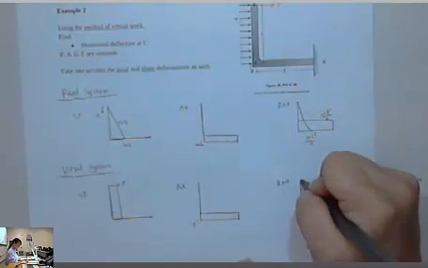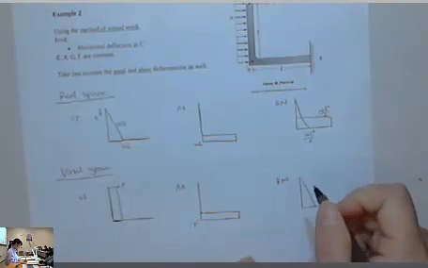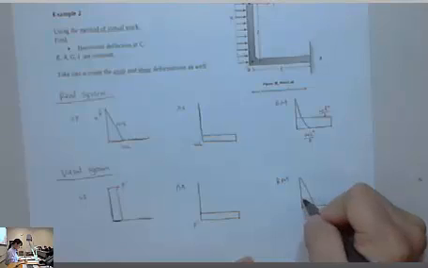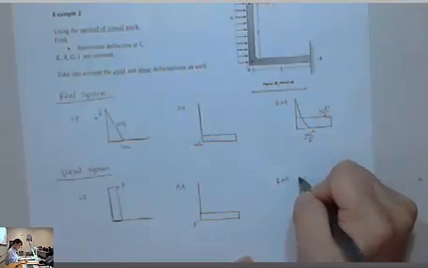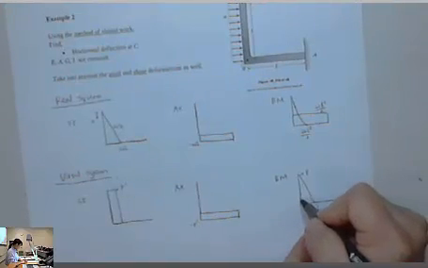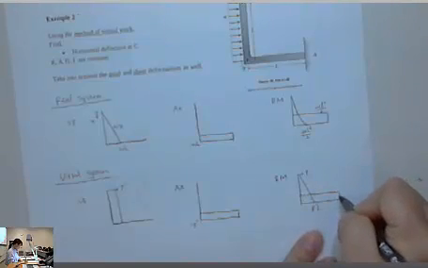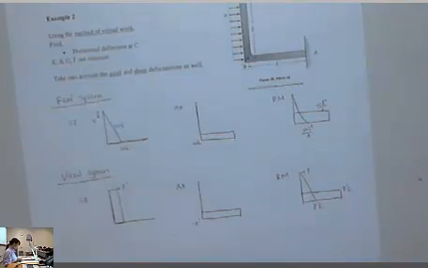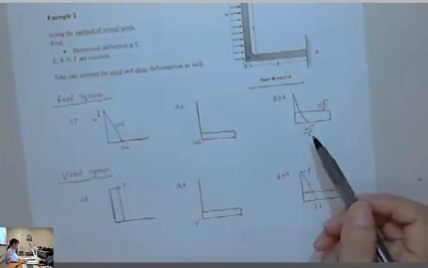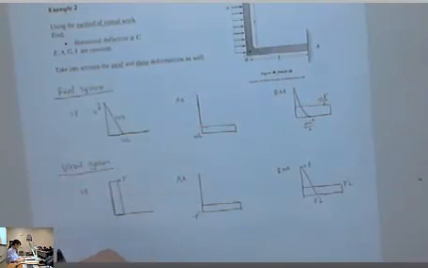Yeah, minus P prime L. And how about this member? Yes. Okay, now that we have all the diagrams here, so now we can apply the method of virtual work.